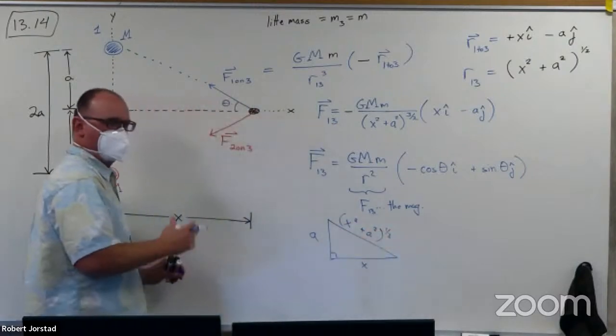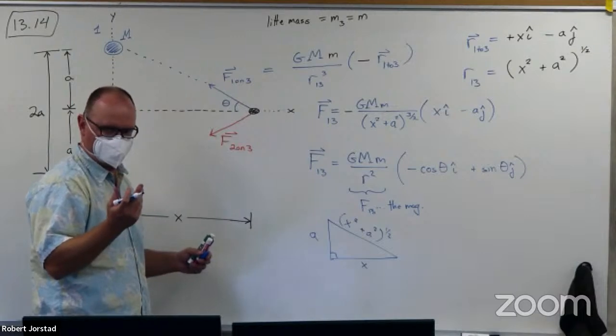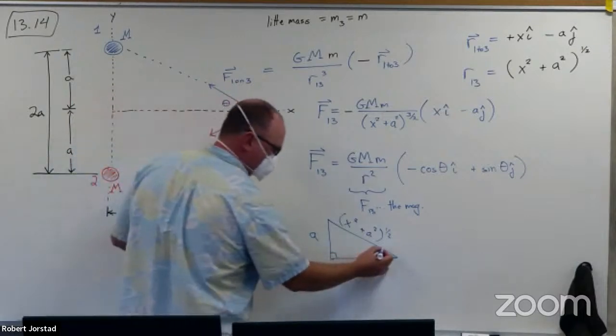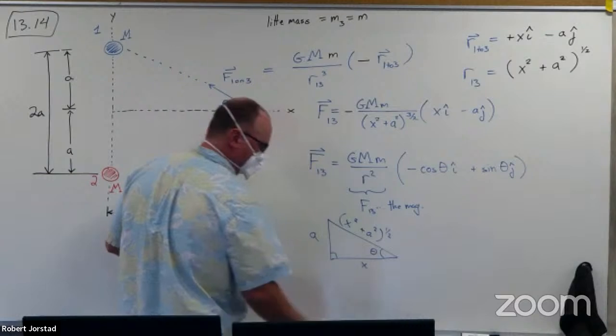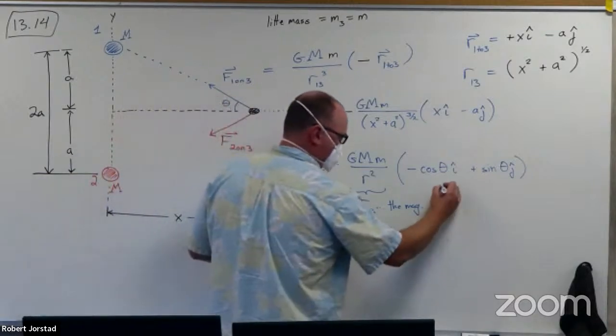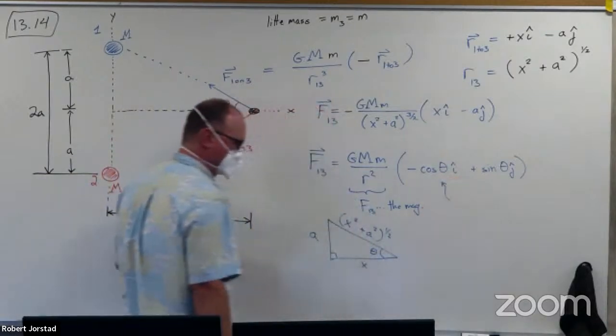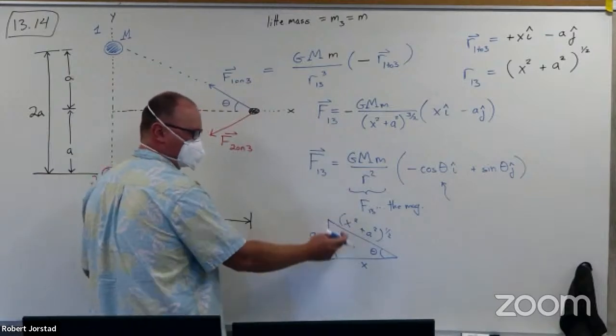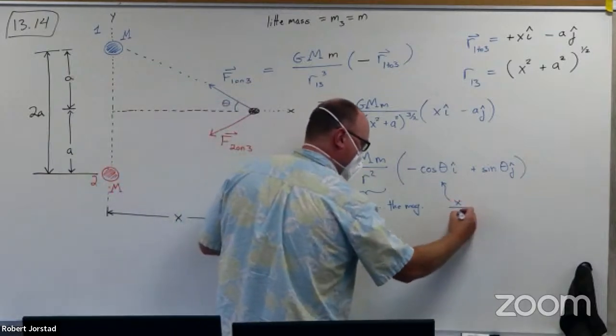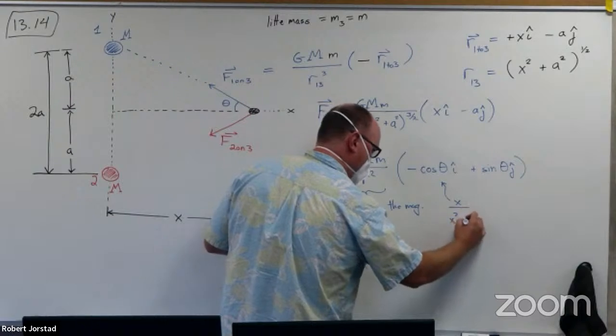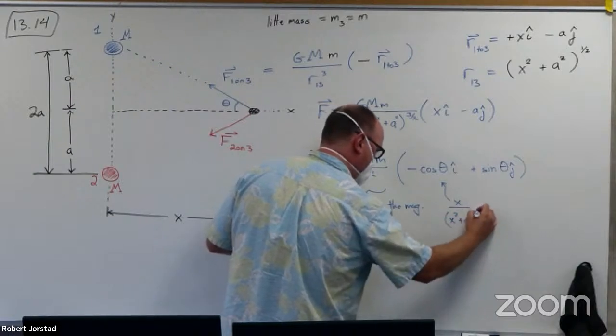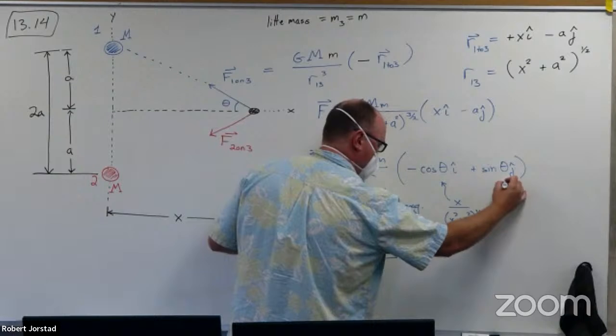Do you agree? Like Pythagorean theorem. Is that good? And so if this is theta, what's cosine of theta equal to? Adjacent over hypotenuse. What's sine of theta?